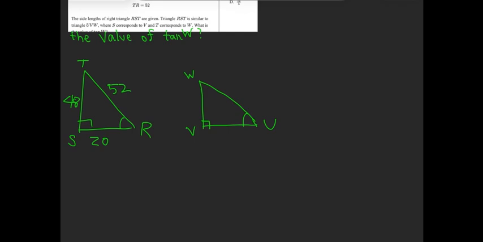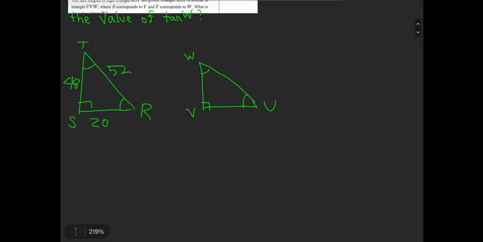Since we're trying to find tangent of W, we need to know tangent of T, since, as we saw in a previous question, in similar triangles, the angles are preserved. Therefore, angle T will be the same as angle W. So, what is tangent T? Well, remember from SOHCAHTOA, right? Tangent is opposite over adjacent.